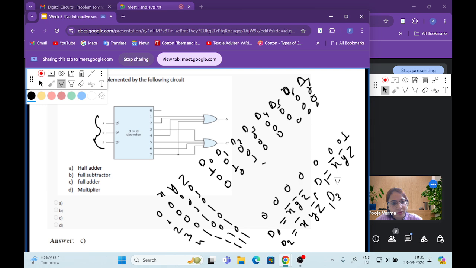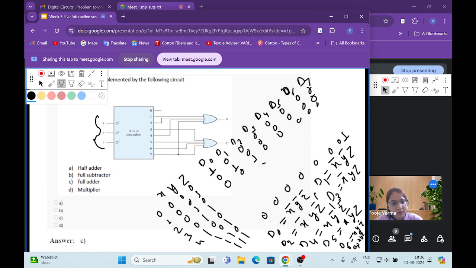For D3, X dash, Y, Z. And for D4, this is X, Y dash, Z dash. For D5, X, Y dash, Z. D6 will be X, Y, Z dash, and for D7, X, Y, Z.